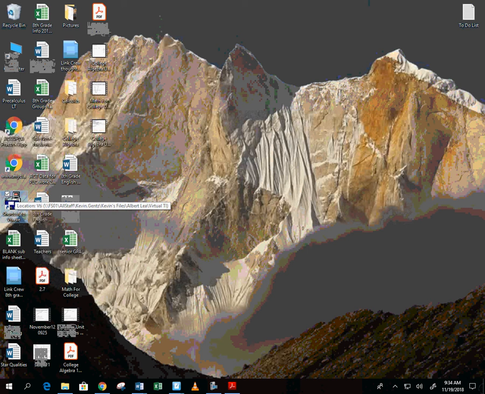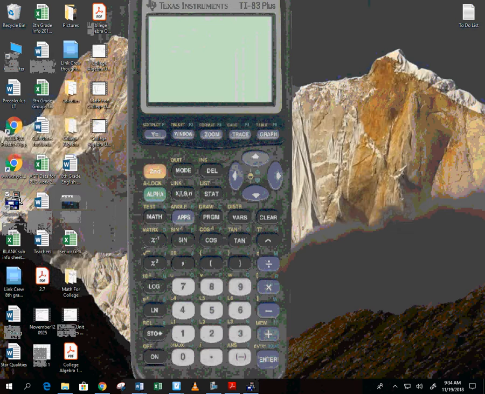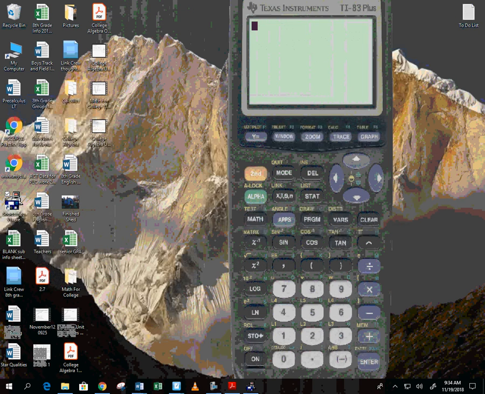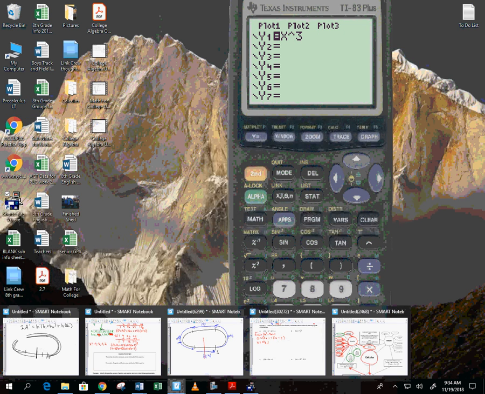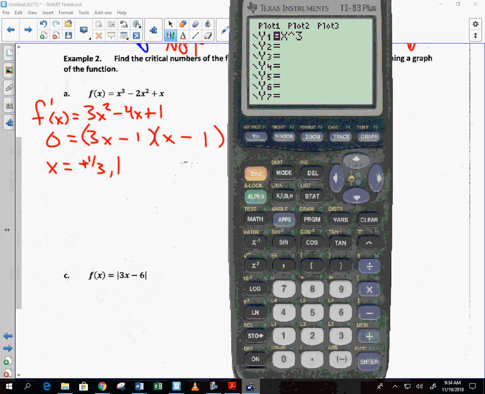We'd like to confirm that there are critical numbers at those spots by examining the graph. So I take out my calculator and I type in x cubed minus 2x squared plus x.